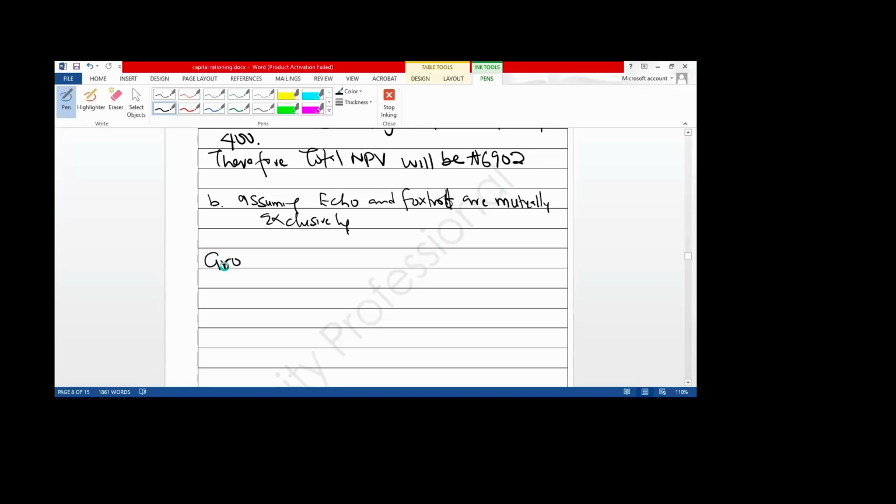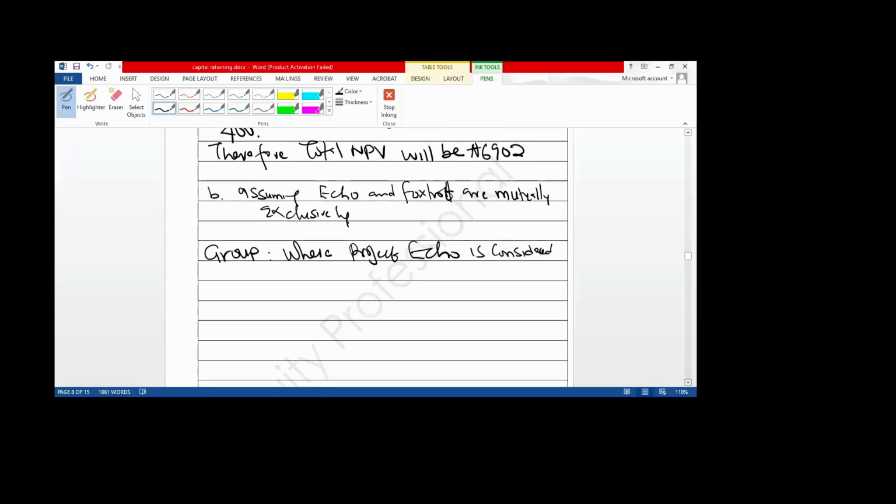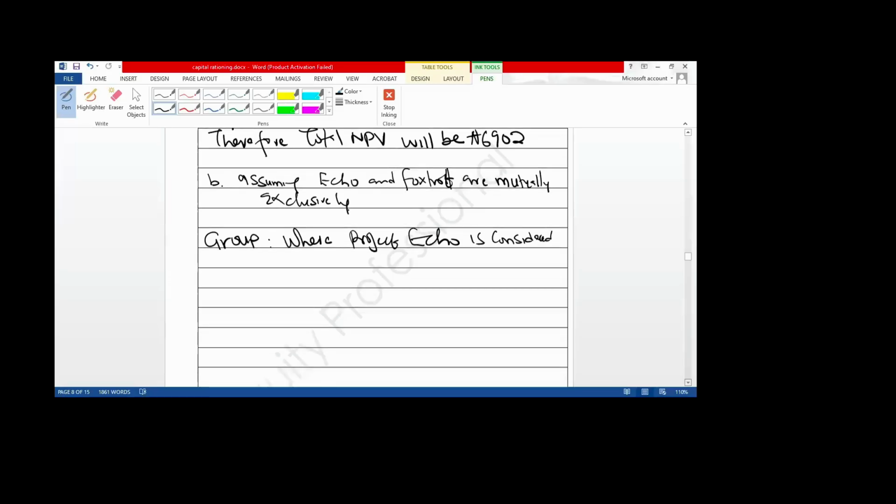You now do group 1, where project Echo is considered. That means I can't take project Foxtrot again. In this case, the projects will be selected.